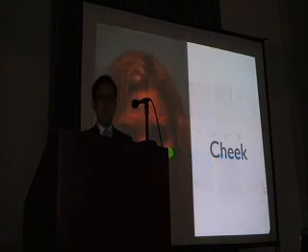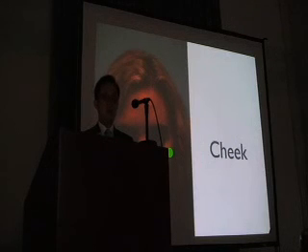Okay, so let's start with, to me, probably the most important area in terms of volume. It's probably the easiest area to do as well, which is the cheek. The cheek, to me, is divided into two areas, and we'll go into more specifics in a moment. The anterior cheek is where the malar ligament is, the anterior depression, and the outer cheek, the lateral cheek. Those are the two components of the cheek.